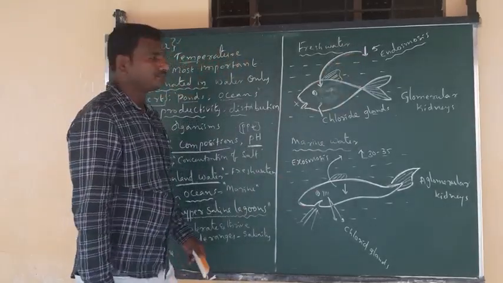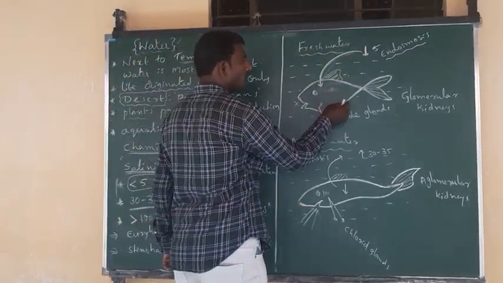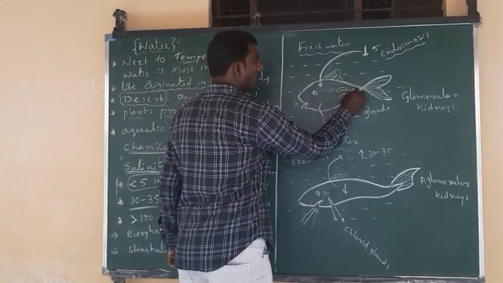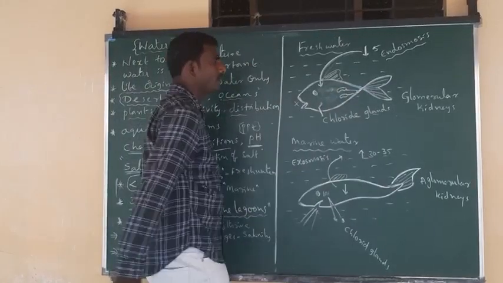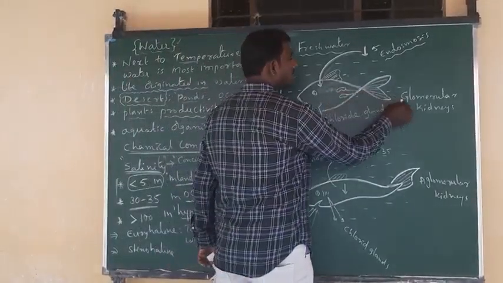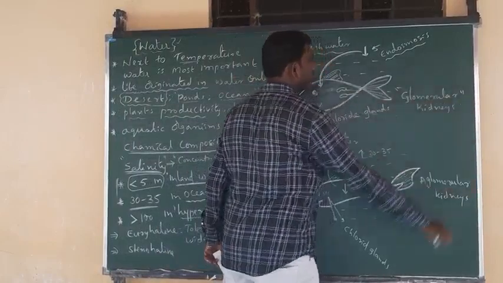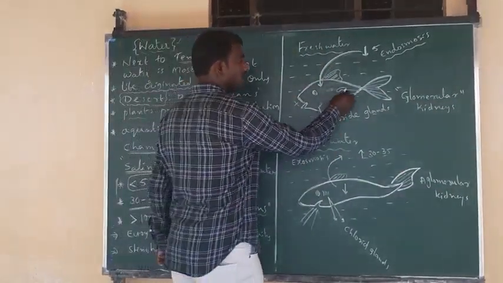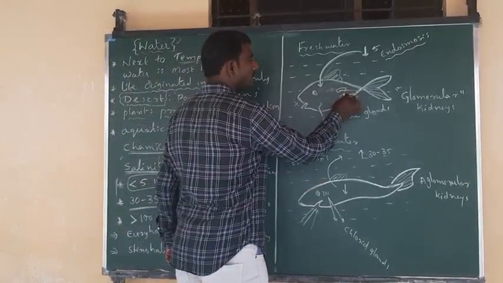Finally, to eliminate excess water, these fishes develop very well developed kidneys, termed glomerular kidneys. Why? Because in these kidneys the glomerulus is well developed.